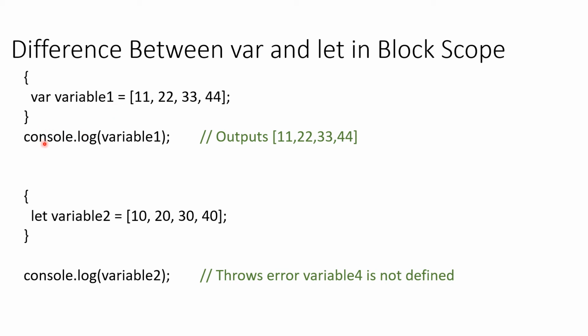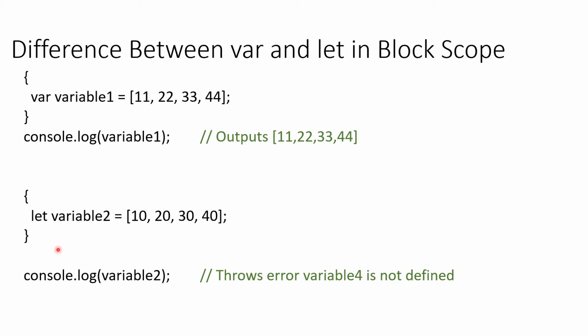When we try to access variable 1 outside the block, what output are we getting? Let's check it. Console.log variable 1, we get the output 11, 22, 33, 44, same as what we declared inside the block. Why? Because var doesn't have a block scope.